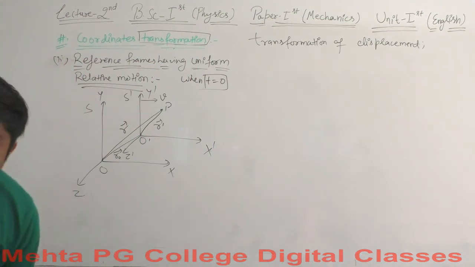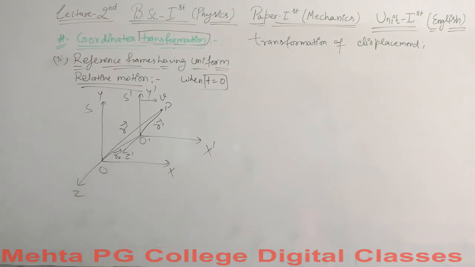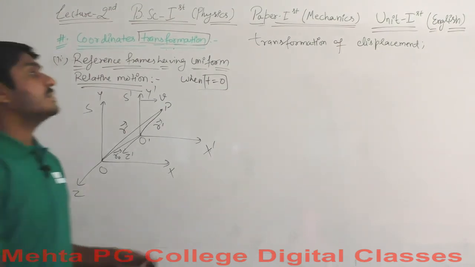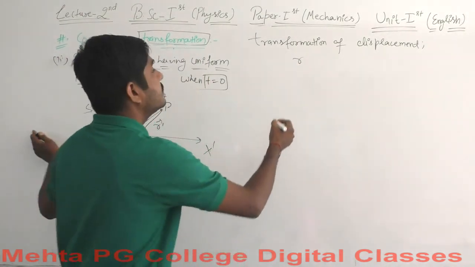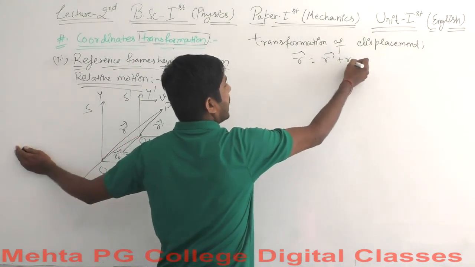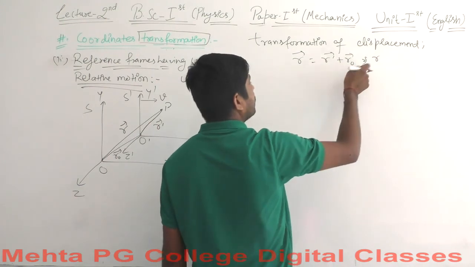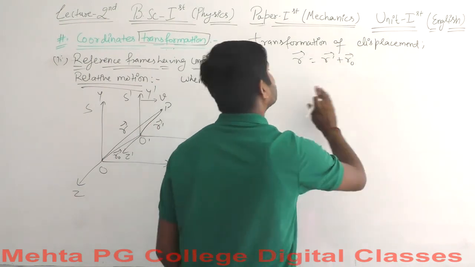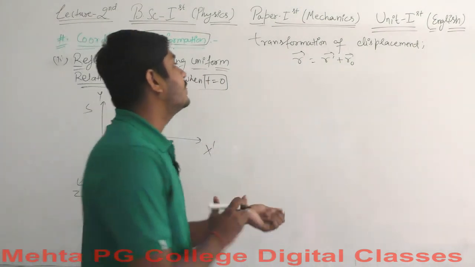If you remember the last equation from the last article, r vector is equal to r dash vector plus r naught vector, and this implies, let it be this kind, we are not changing it here.